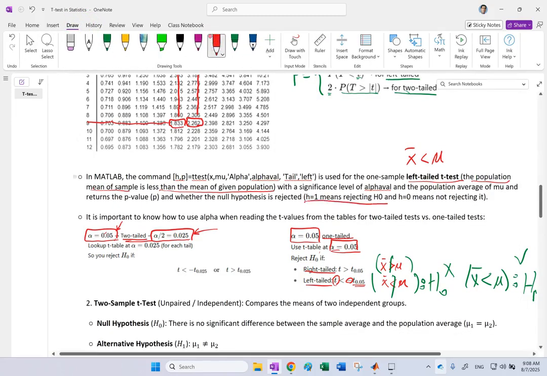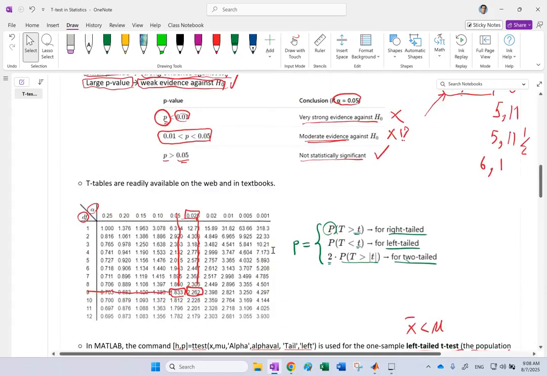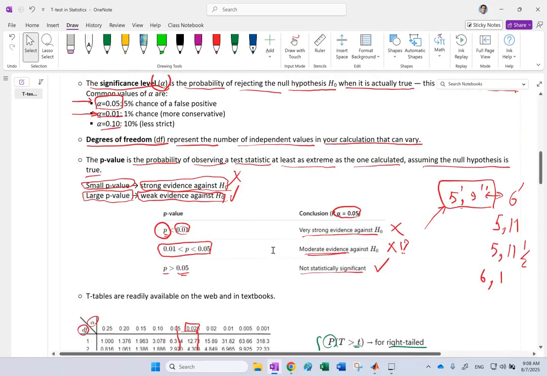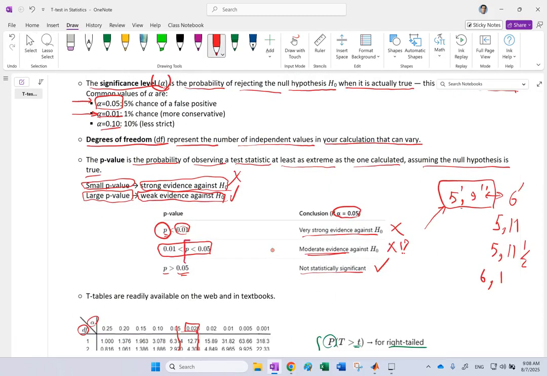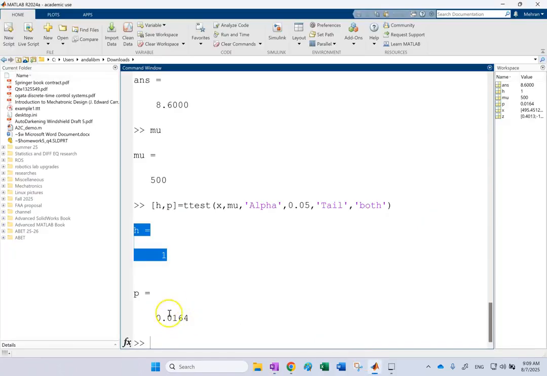These bottle readings are clearly different from an average of 500. So I have to reject it, and here, because my p is less than the alpha, I should reject it also. So it's moderate evidence. It's not strong, but it's barely bigger than 0.01. You see, it's a little bit more than 0.01, but still less than 0.05, so I'm safe to do that.